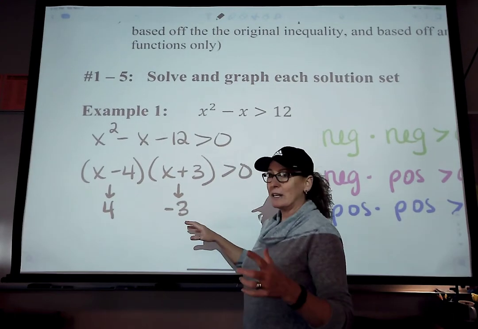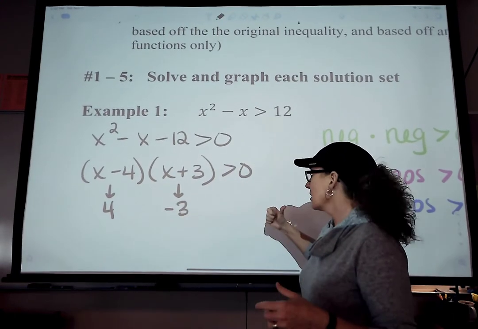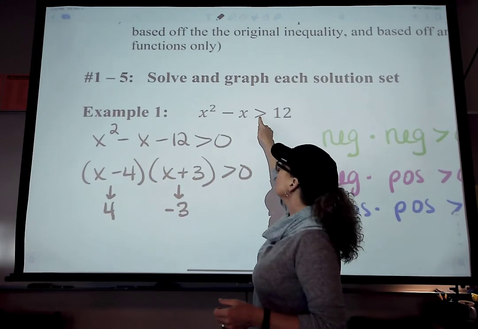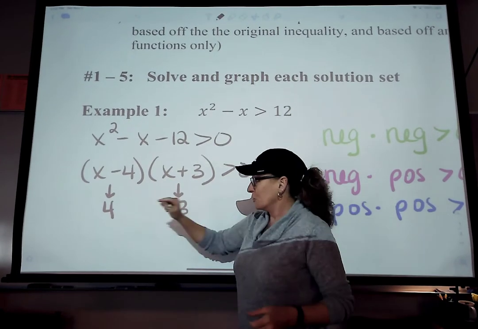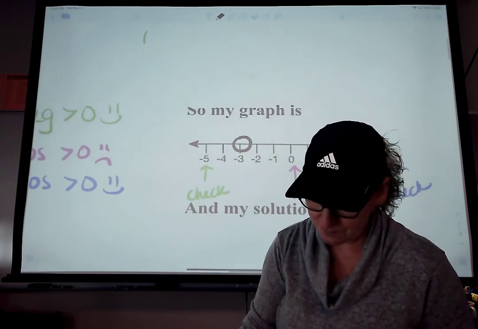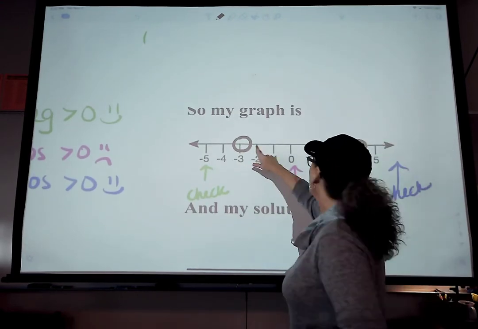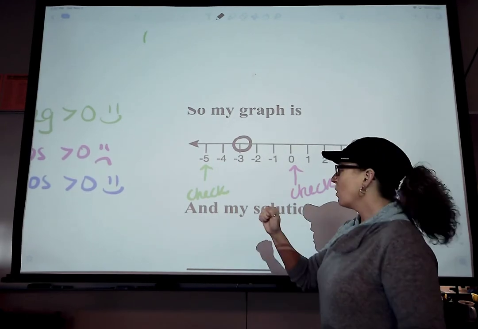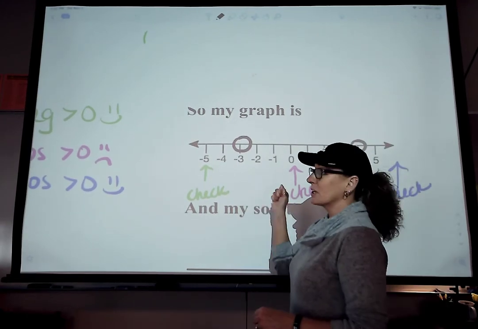Now, we are going to take these numbers and put them on a number line, but we're going to use open circles. Do you see why? We're going to put an open circle on 4 and an open circle on negative 3 on our number line. Next, we need to know what we're going to fill in.